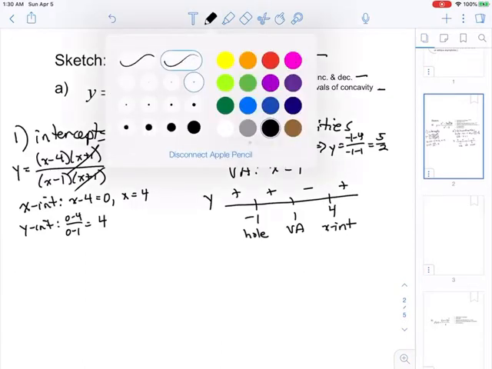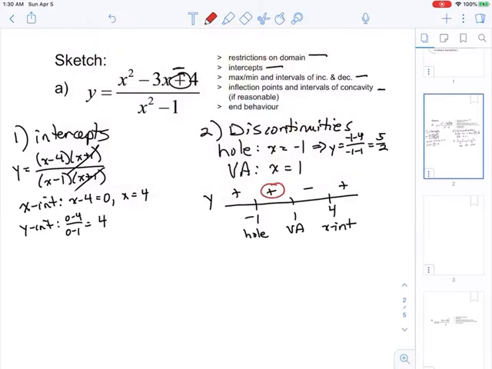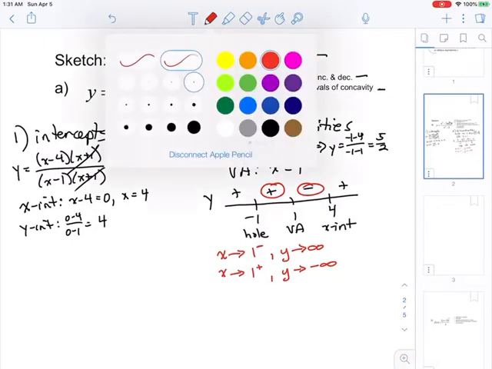Since this is positive, as x approaches 1 from the left, y goes to positive infinity. And since this one is negative, as x approaches 1 from the right, y goes to negative infinity.